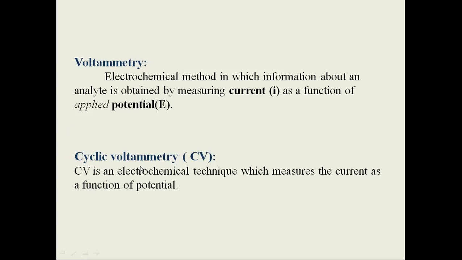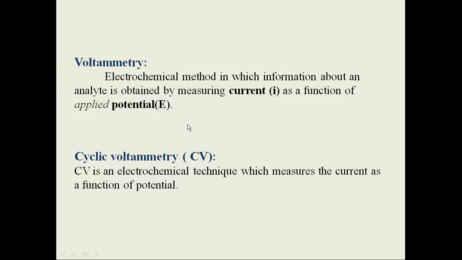And cyclic voltammetry means the process is cyclic. That means once it gets reduced, then after applying potential it will oxidize. The applied potential will be like that: starting from a potential, then after reaching some potential it again comes back to that initial potential.